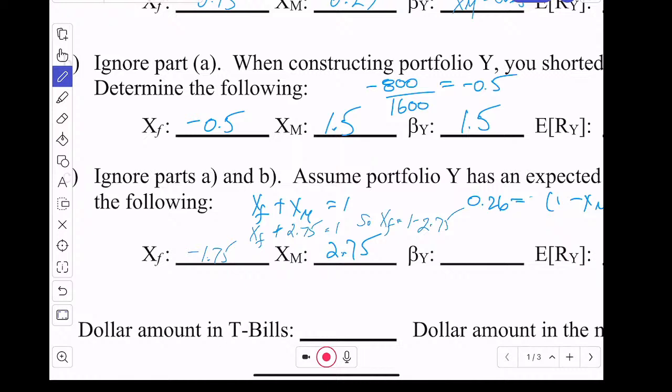And since we know the weight on the market portfolio, that is going to tell us the beta of the new portfolio Y. Remember, it just matters what fraction is invested in the market portfolio that determines the beta, because there is no contribution of risk from the T-bills, right? Because beta is 0 there.